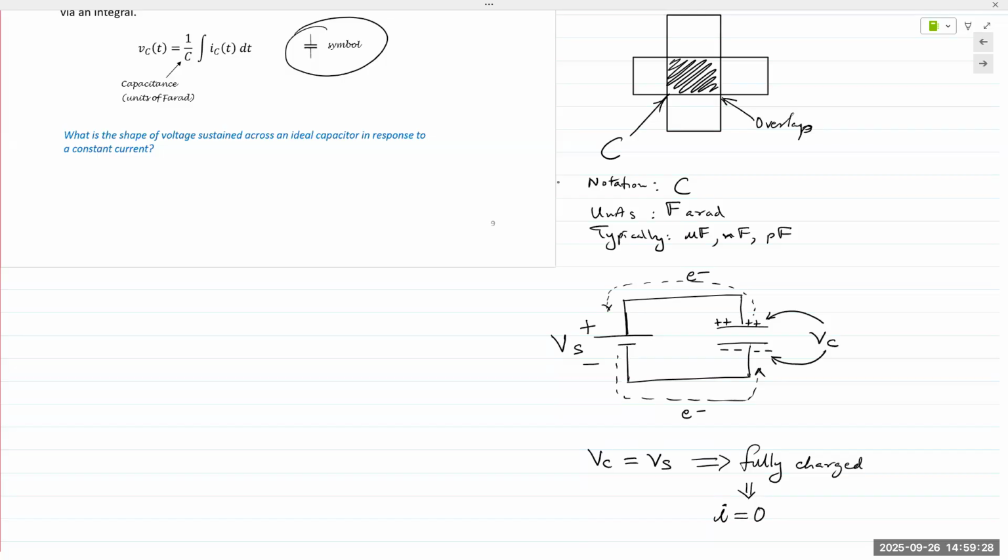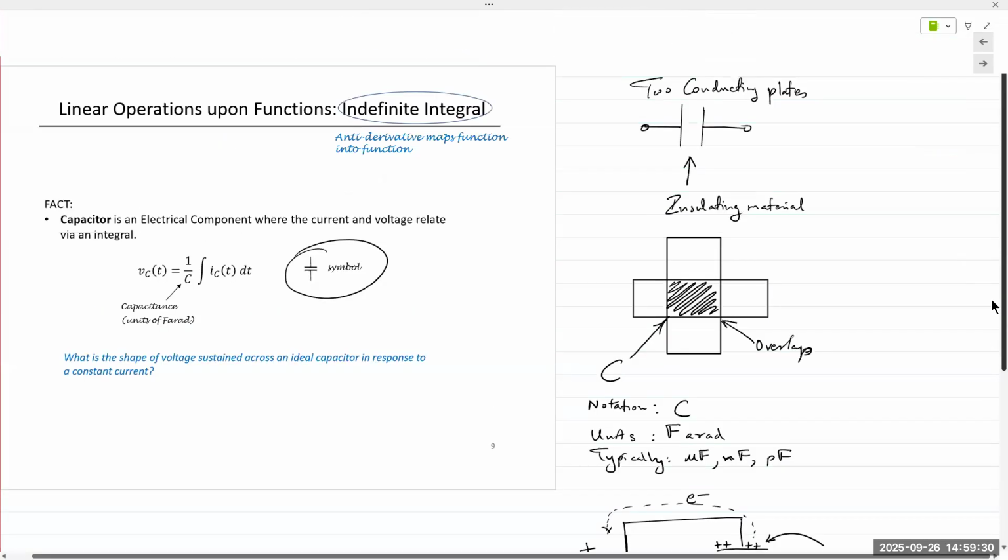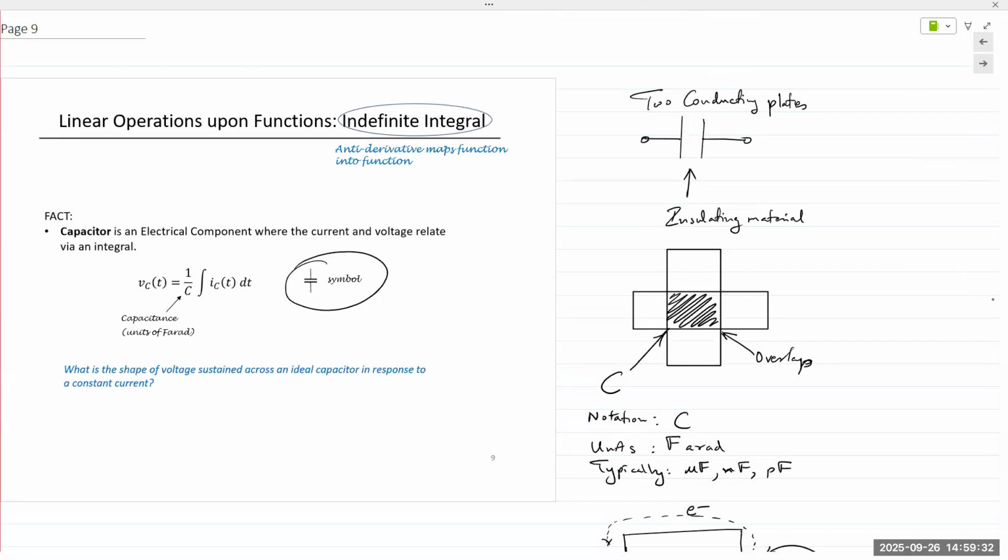The mathematical equation here is that capacitor current I is directly proportional to the derivative of the voltage. So I is proportional to dV over dt. The constant of proportionality is the capacitance itself. So capacitor current I is C times dV over dt.